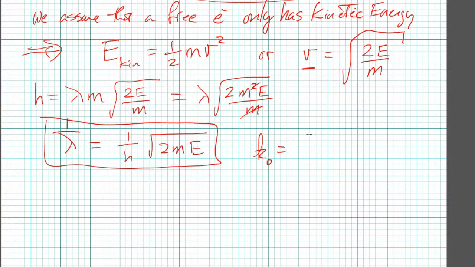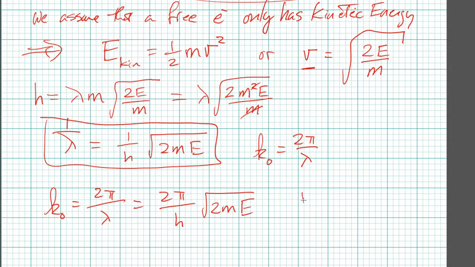k naught equals 2 pi on lambda for our application. So we need to put 2 pi on each side. So k naught equals 2 pi on lambda, which equals 2 pi on h square root of 2mE, but h bar equals h on 2 pi.